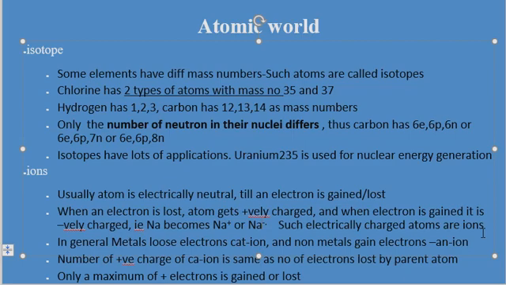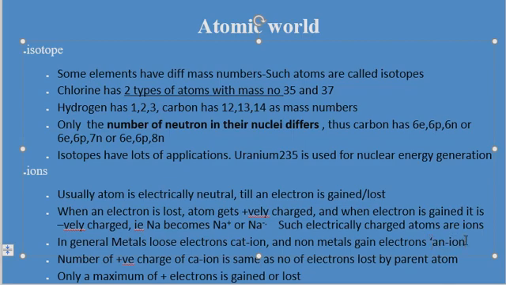When electrons are lost and the atom becomes positively charged, it is called a cation. Now when electrons are gained, it becomes negatively charged, it is called an anion. Anions and cations.